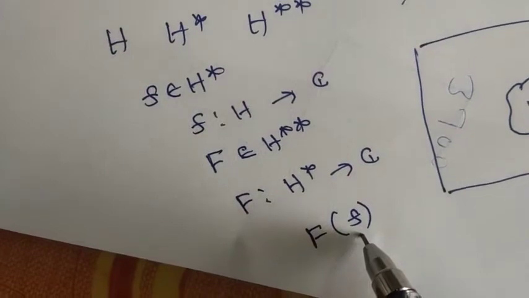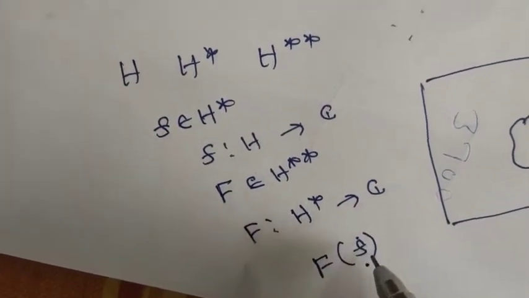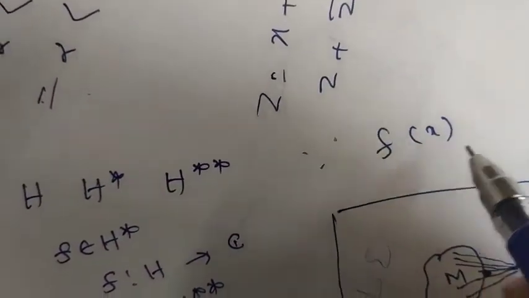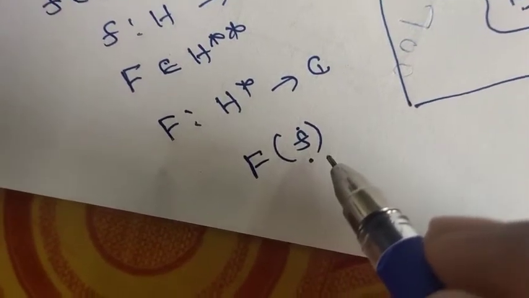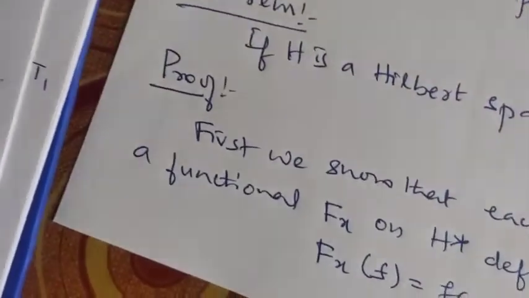But this little f acts on the element of H, f of x. It looks like f of x, it looks like F of f. Understand this?